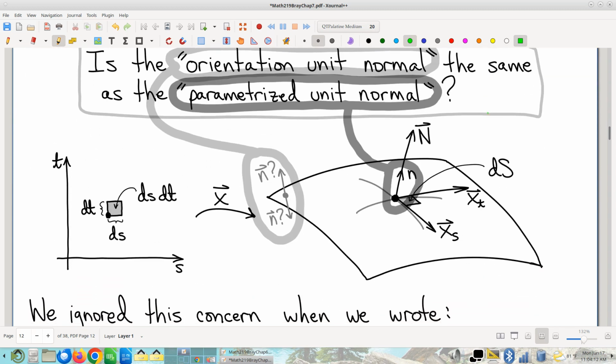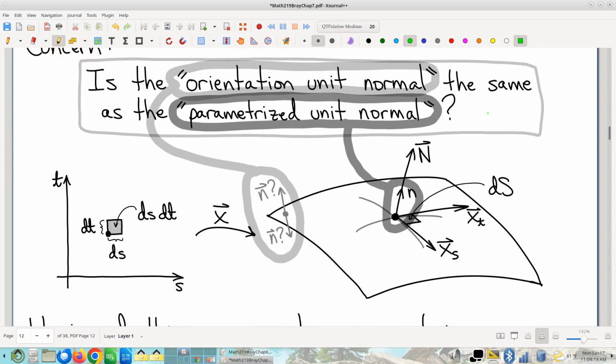Here's the point. Recall we have this picture where if you have a surface, not just a surface, an oriented surface, if you're going to talk about flux, we have to have a decision on which direction. Is it that way? Is it this way? Which direction is the positive direction through the surface? It is perfectly legitimate to orient this surface in either of those two ways.